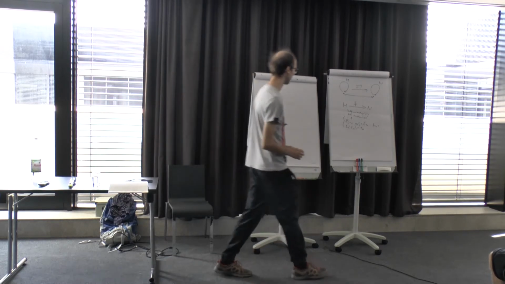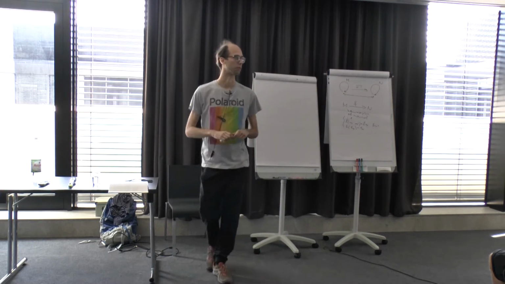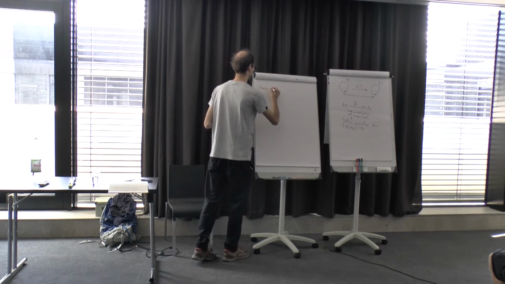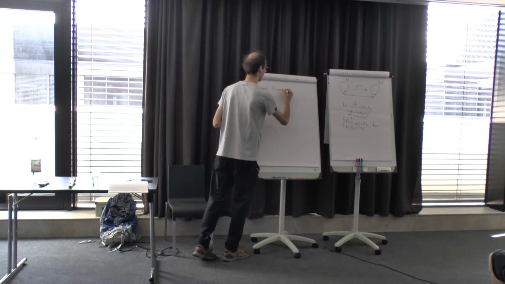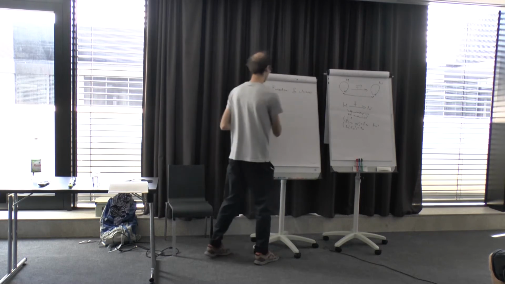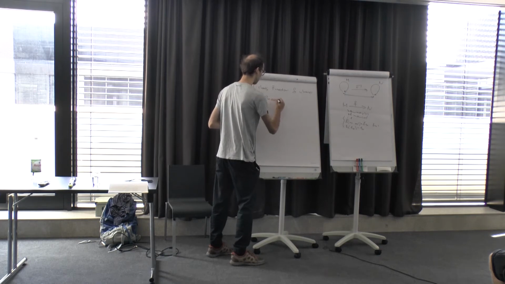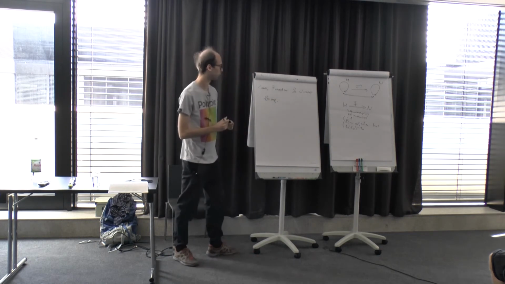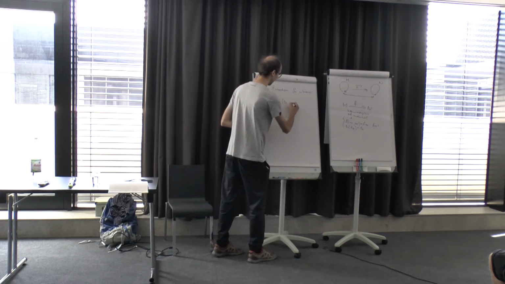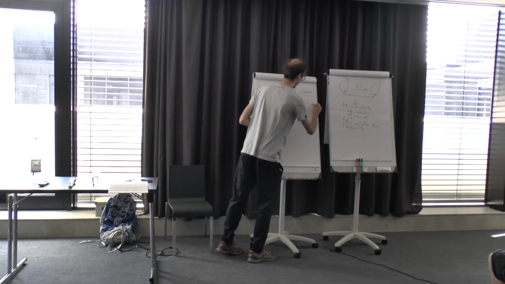Okay, maybe we should relate this idea of a functor to what you know from Haskell. So in Haskell we have a class Functor f, where we have a single method, fmap, and what's its signature? (a -> b) -> f a -> f b.